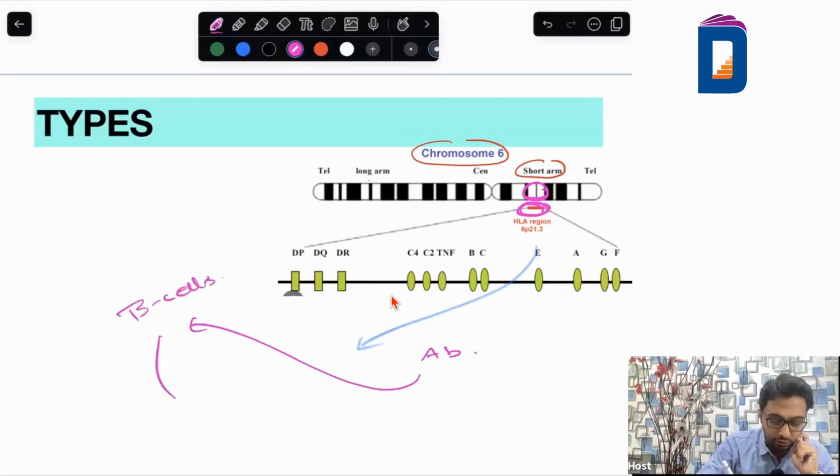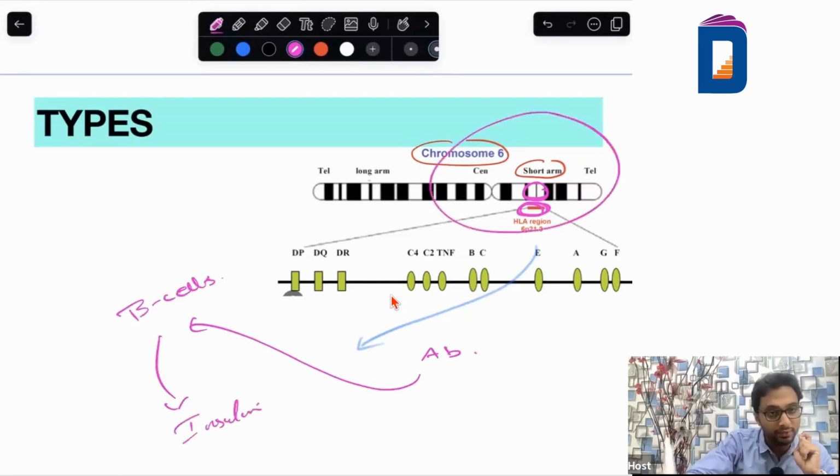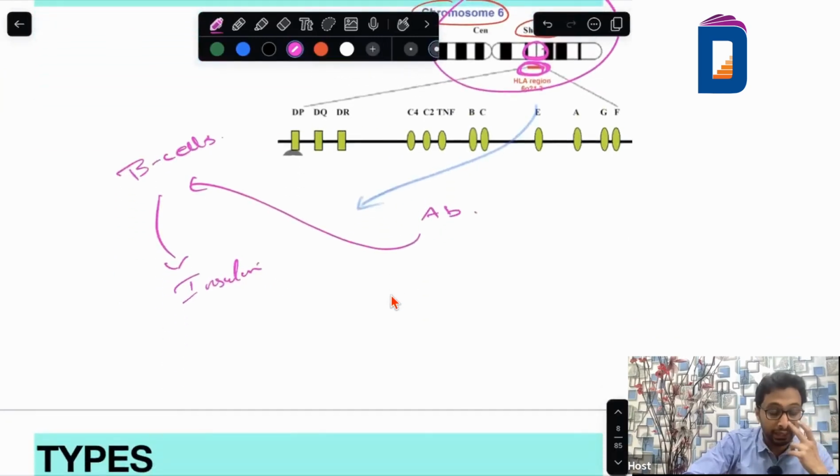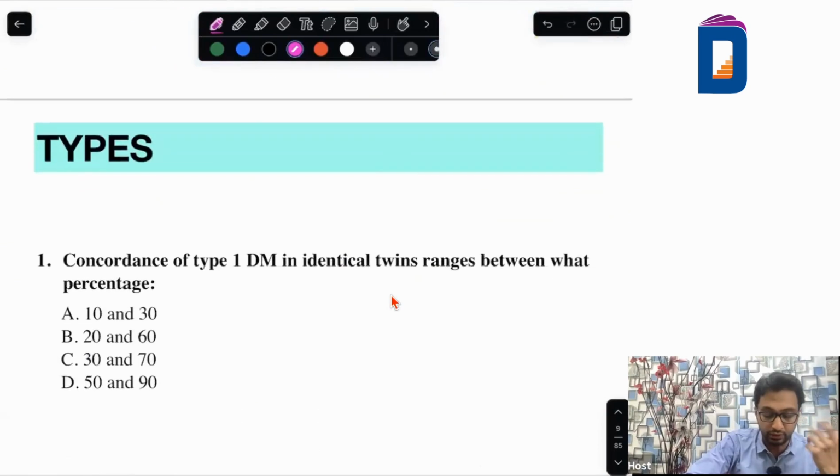Beta cells are the cells which produce insulin. Two alleles are there for a gene, isn't it? So with this allele, HLA DR3 and DR4, people will produce autoantibodies against beta cells, and it destroys the beta cells in the pancreas and causes type 1 diabetes mellitus.